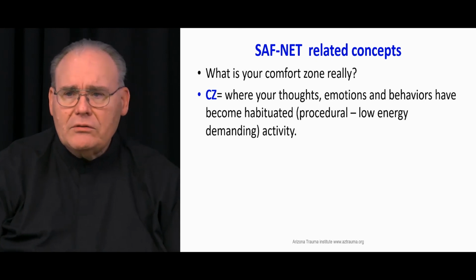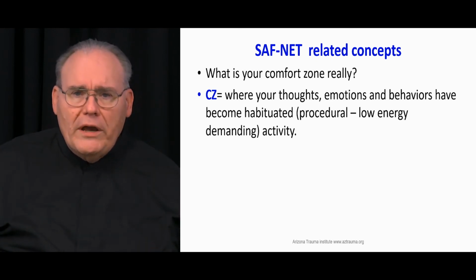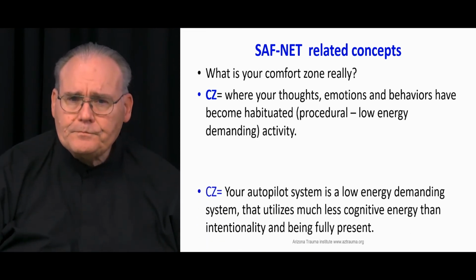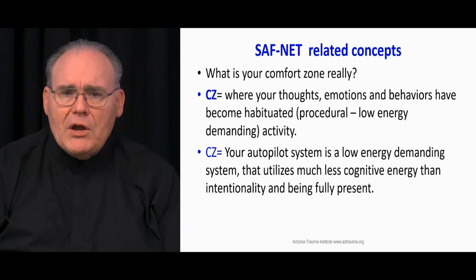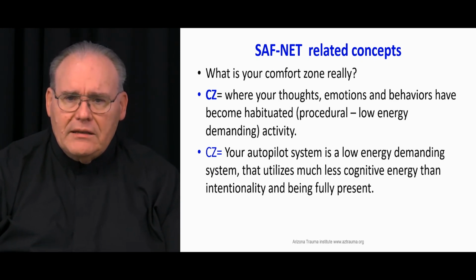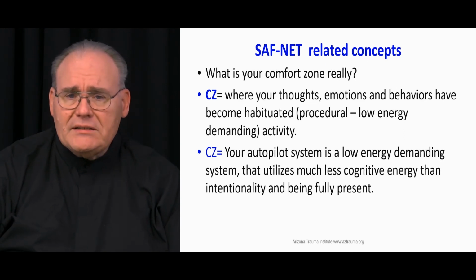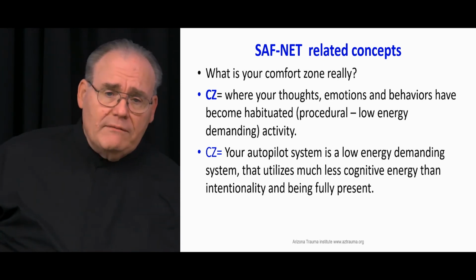Our comfort zone is our low energy demand, well-built neurocircuitry. Your comfort zone is your autopilot system. And remember again, it doesn't demand much energy. It utilizes much less cognitive energy than being intentional or being fully present.